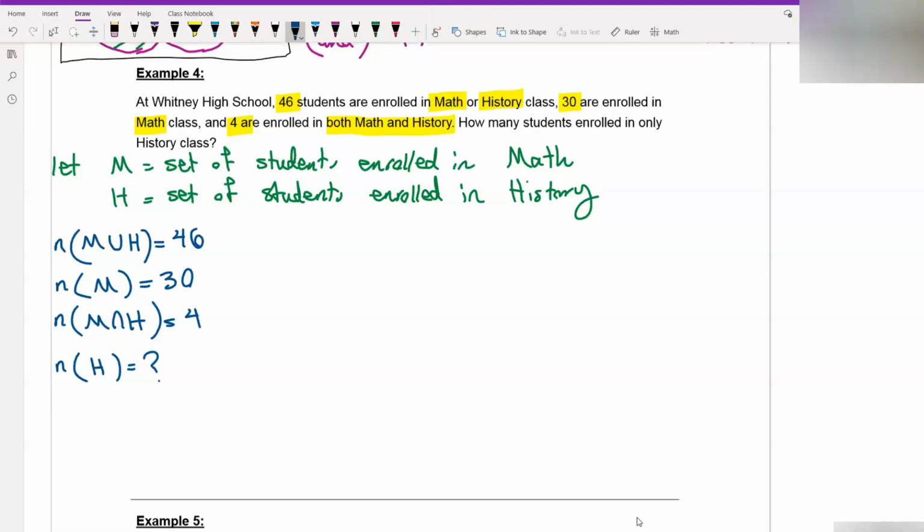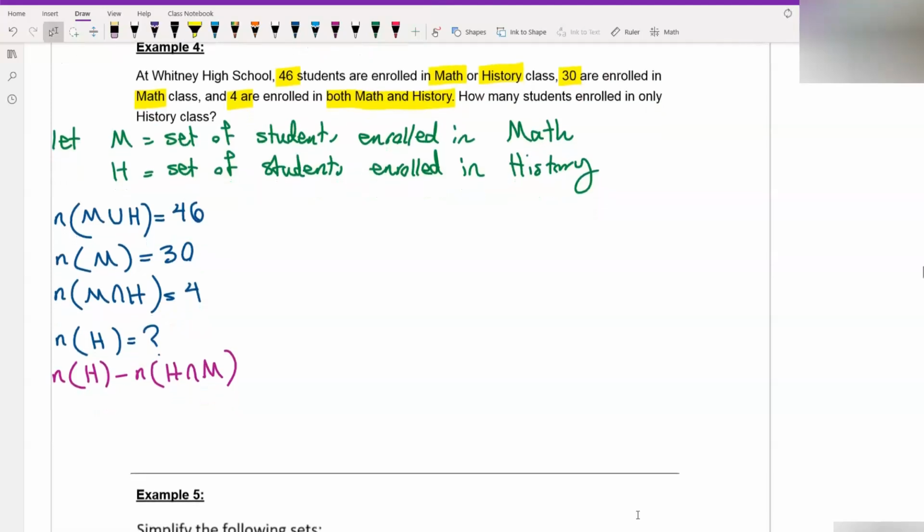So if I wanna find members that are in history only, it's better to write this way, minus those members that are in common between M and H. So this is what we need to find when we have intersection.